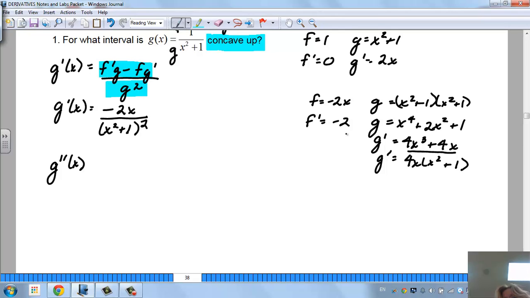So I'm going to do f prime times g, so I have negative 2, and I'm going to use the factored form, okay? So I've got negative 2 times g, and I'm going to use it like this because I'm hoping something will cancel, minus f g prime, so I'm going to do minus, and I'm going to do this, negative 2x, okay, g prime, and I'm going to use this bottom one.